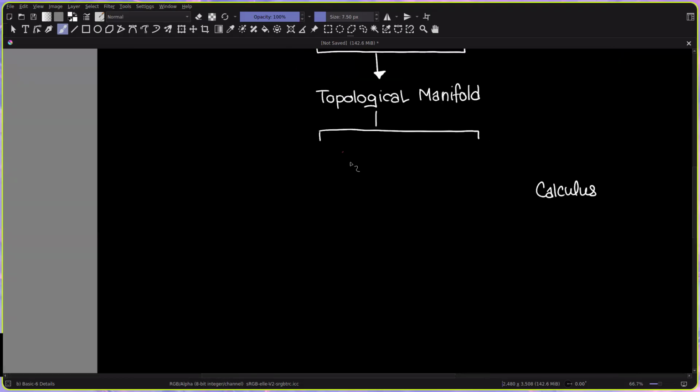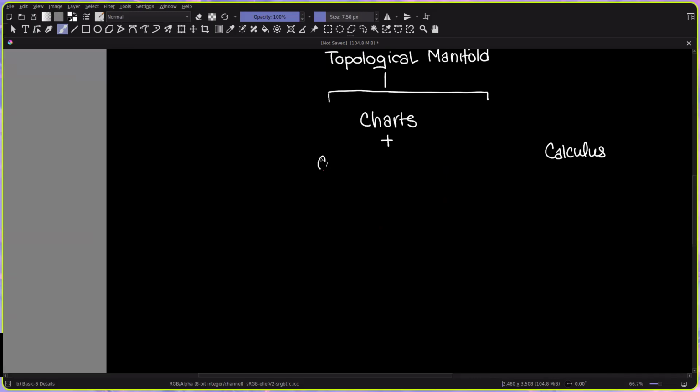In order to do that, we started defining coordinates. We defined charts, which are how we define coordinates. We define chart transition maps.